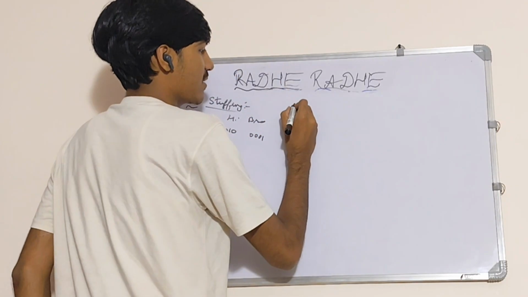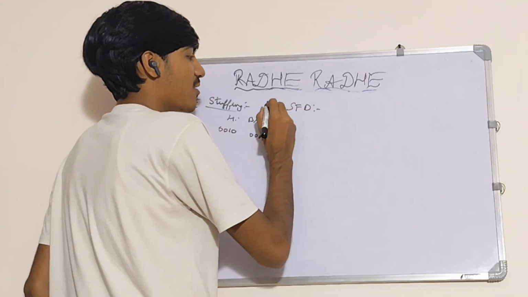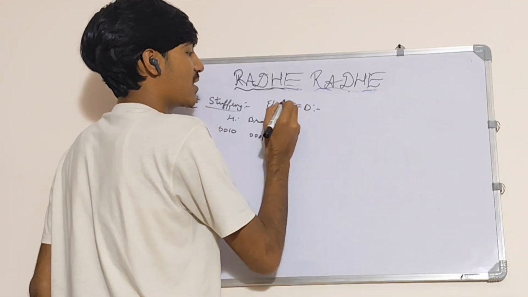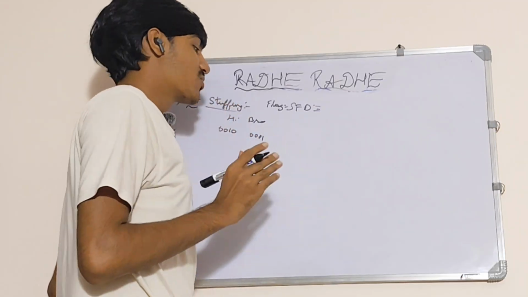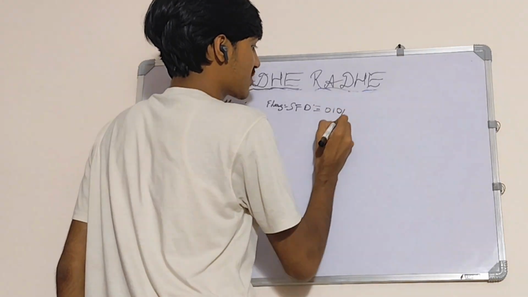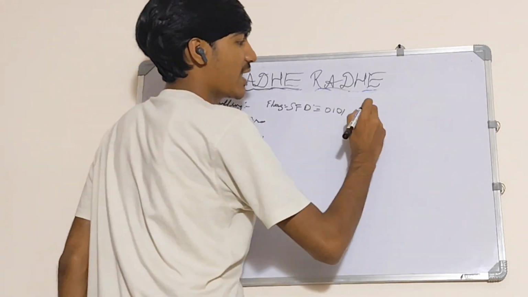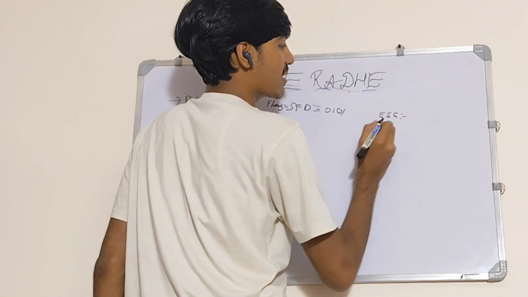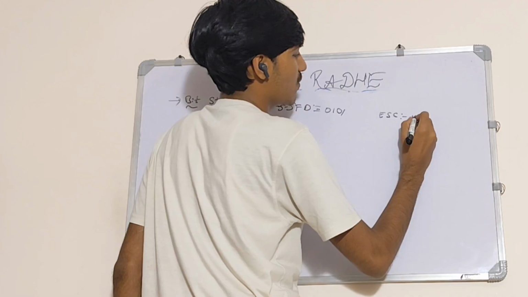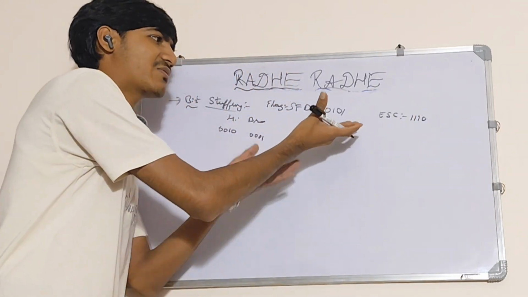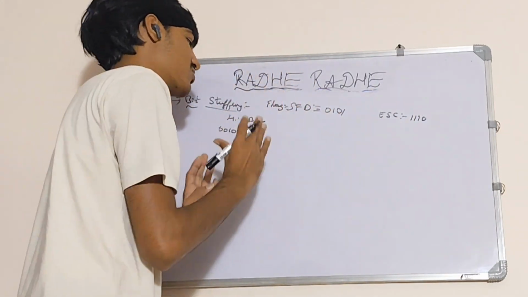Example: my SFD, also called the flag or start frame delimiter, the starting point of the frame, I choose it to be 0101, and I choose the escape character to be 1110, or whatever they choose.